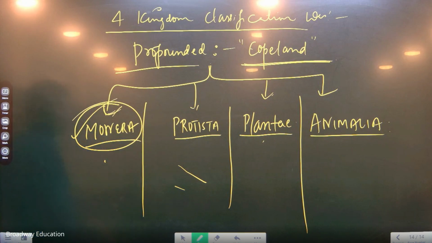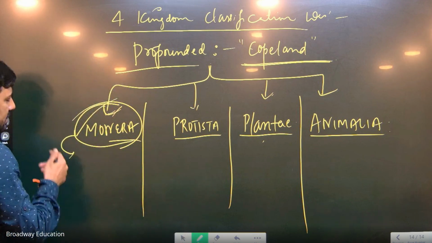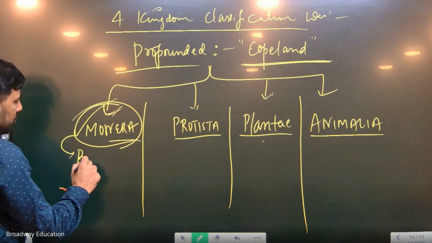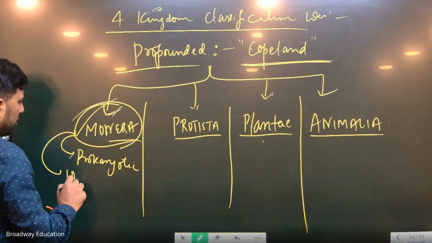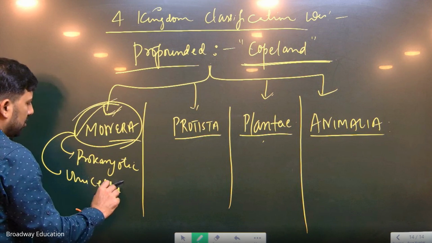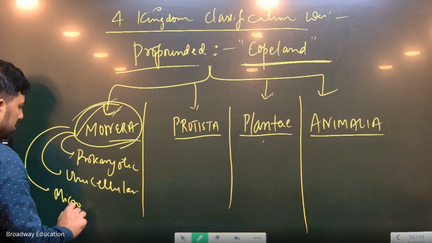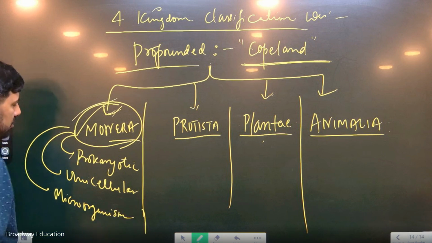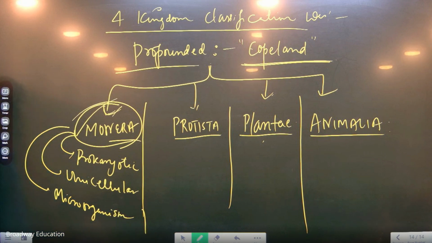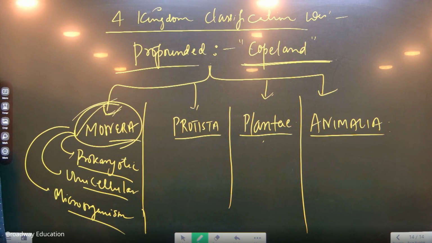Now after this, Protista. If I talk about Monera, friends, these are prokaryotic, unicellular microorganisms. Please write it down. Properties are very important. If you write even one property wrong, the whole topic will go wrong.